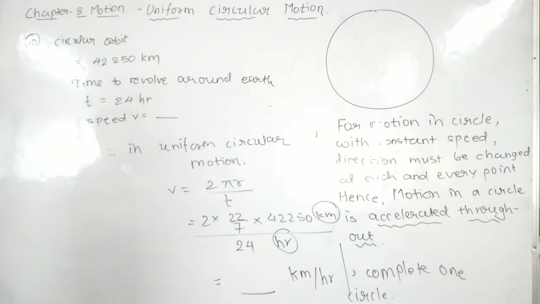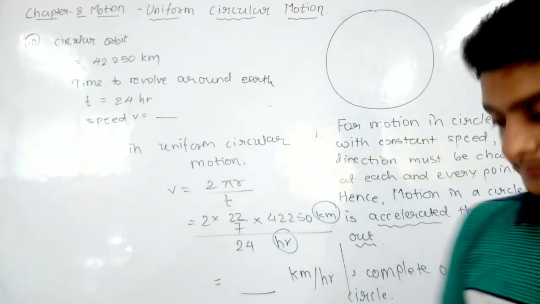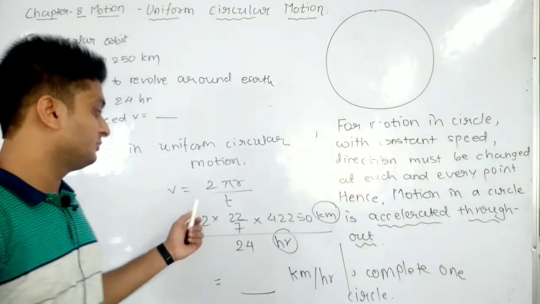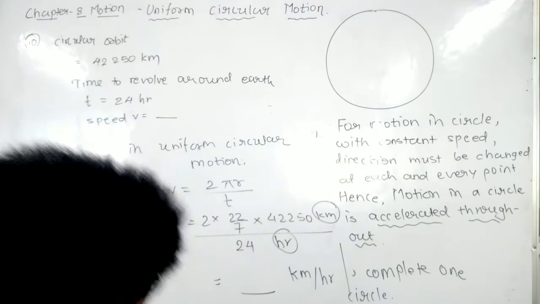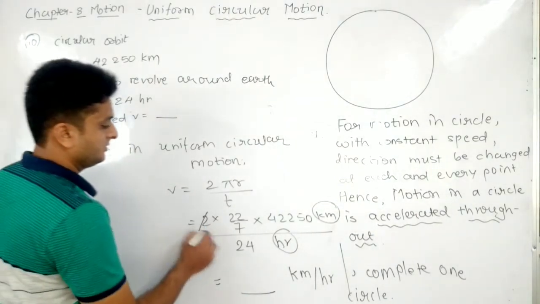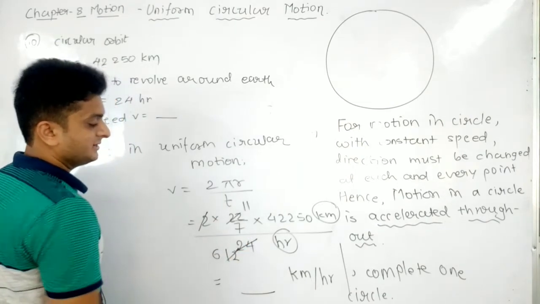In what unit will you get your answer? You will get your answer in the unit kilometer per hour. Is it clear how we have put the formula? Okay, now let me calculate this. So 12 cut by 11 will be 2, this will be 6.